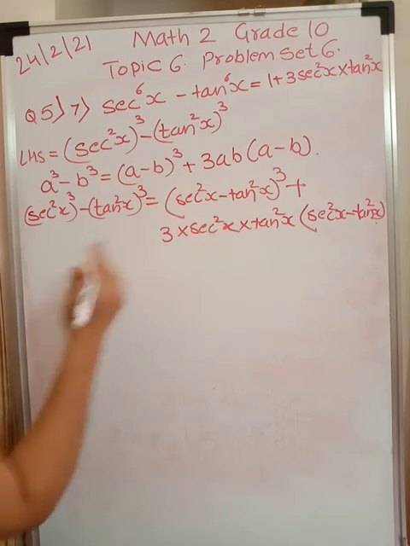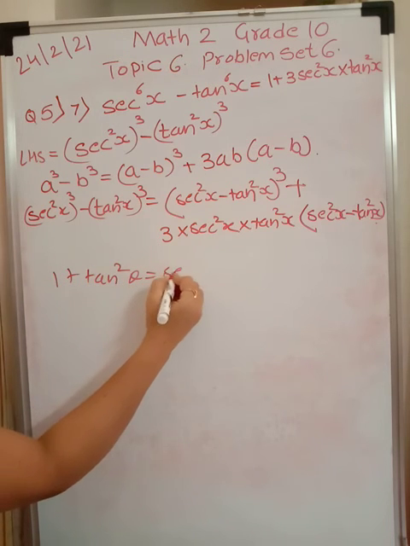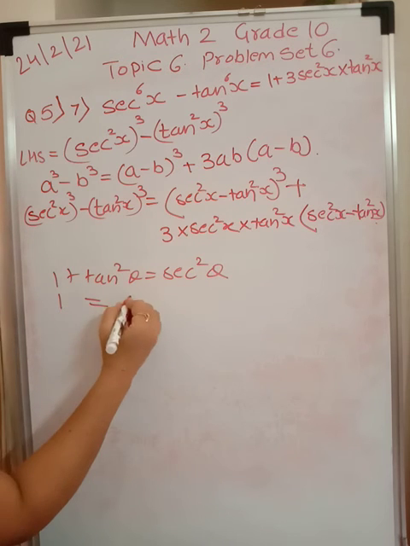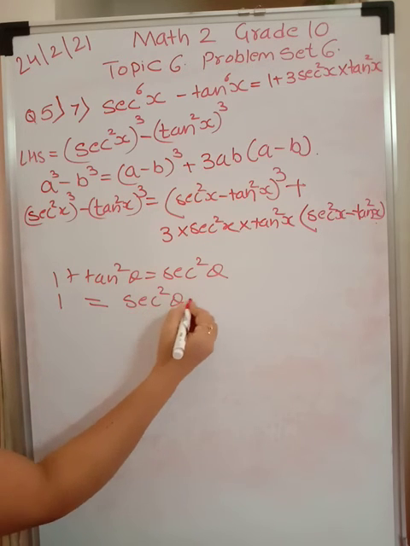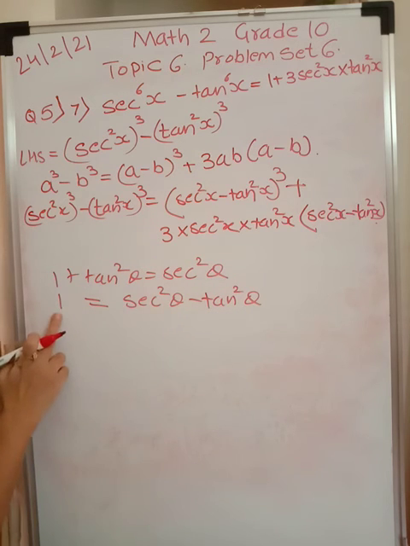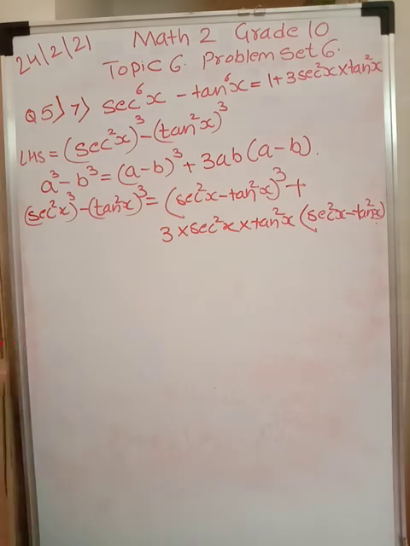But what is sec square x minus tan square x? You know, 1 plus tan square theta is equal to sec square theta. So if I keep 1 over here and shift tan over there, it will be sec square theta minus tan square theta. Wherever there is subtraction, it will be 1, because sec square theta minus tan square theta is 1. So what am I going to write?